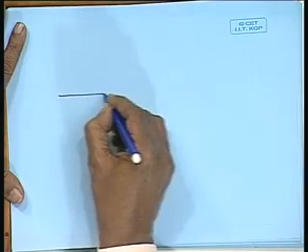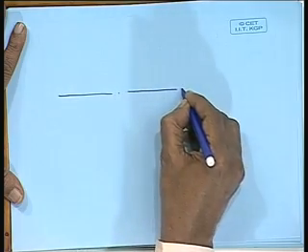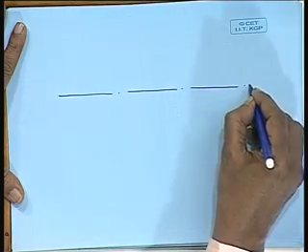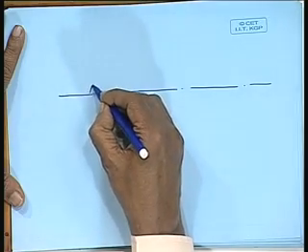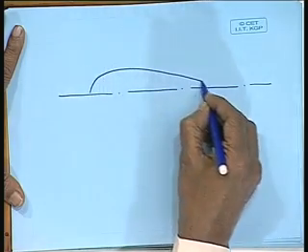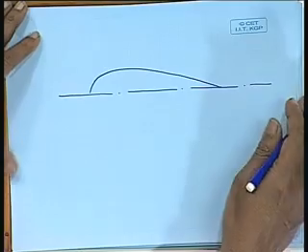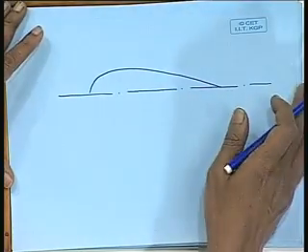Now, let us take a case when the body is made more blunt than what it is. I am drawing a body which is like this, symmetrical. I am just drawing one side.